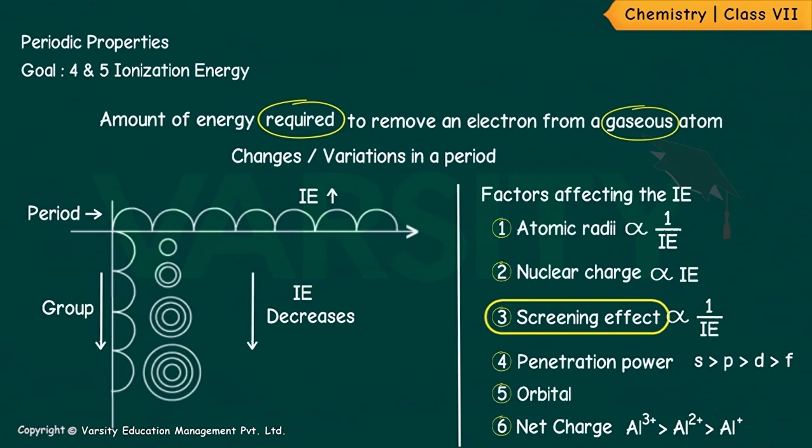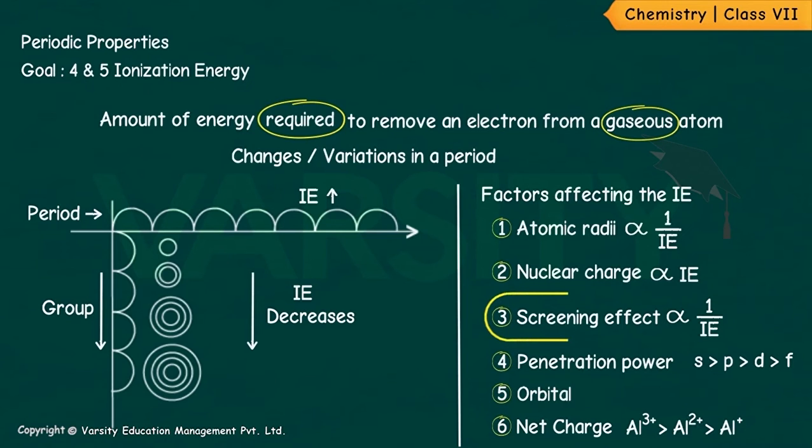Now, coming to the screening effect. As we already learned, the presence of inner electrons between the nucleus and valence electrons decreases the attraction between them. This decrease in attraction is known as the screening effect. The more inner electrons, the greater the screening effect. Therefore, less energy is required.